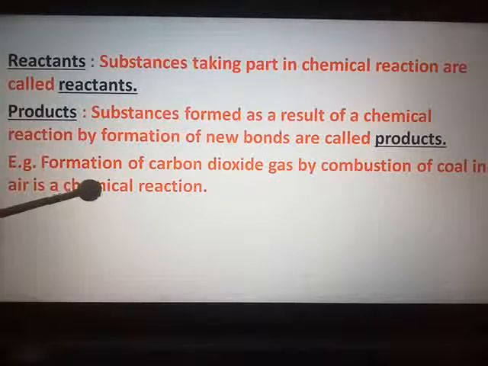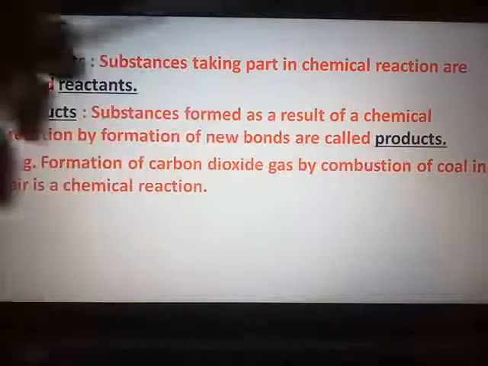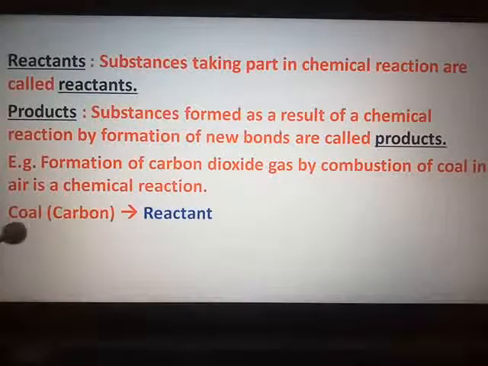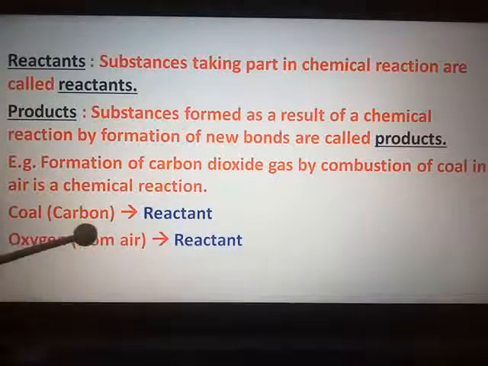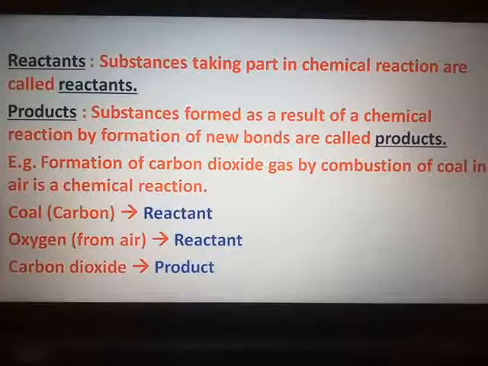In this reaction, carbon dioxide is the product, and coal and the oxygen from the air are your reactants. So we have studied the different terms involved in a chemical reaction. Definitions and true or false questions can be asked on this part.